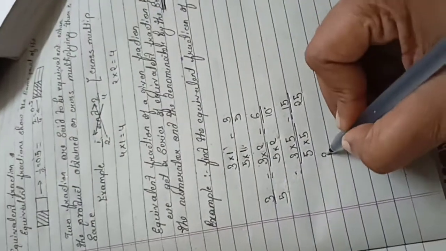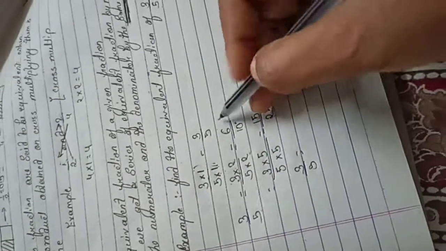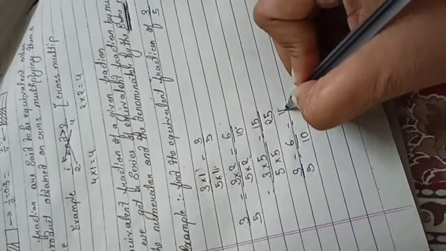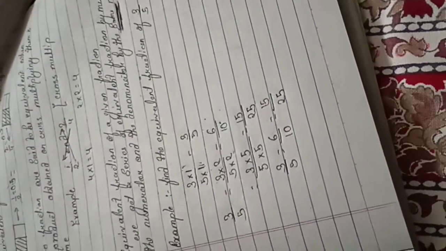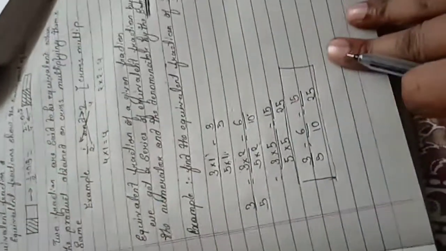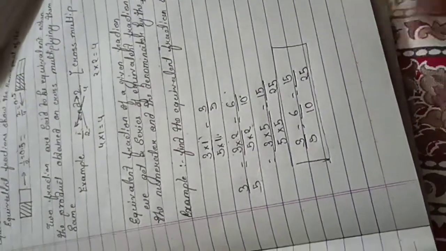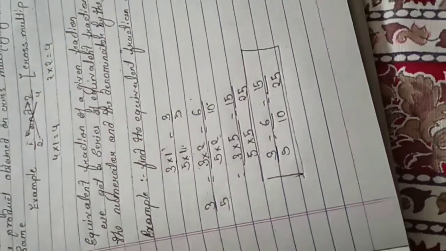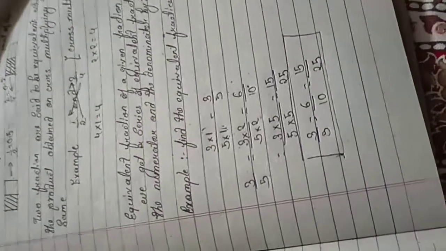That means 3 upon 5 is equivalent to 6 upon 10 and 15 upon 25. These three are equivalent fractions. You can find more also. In this way you can find the equivalent fractions of a fraction.